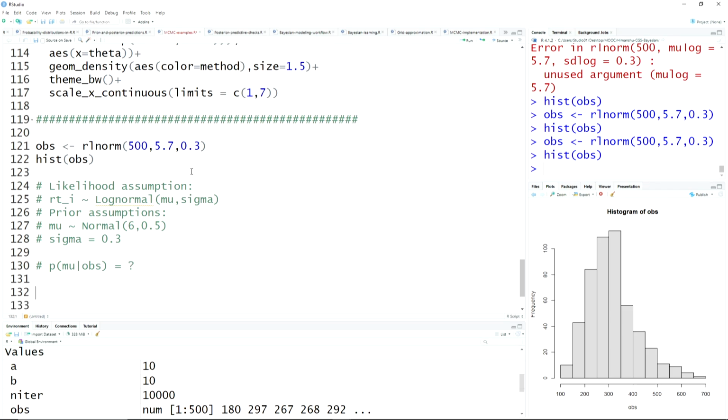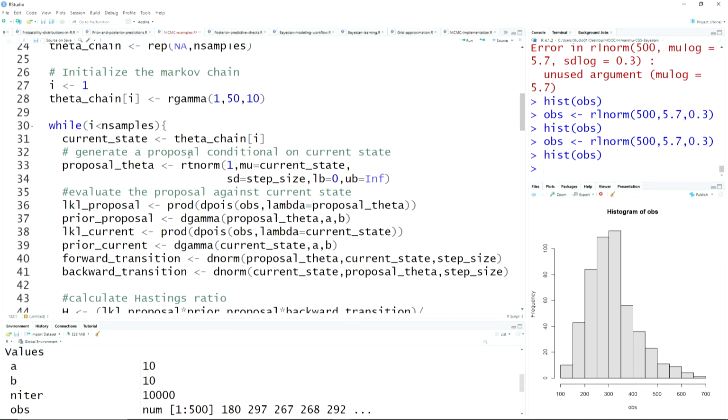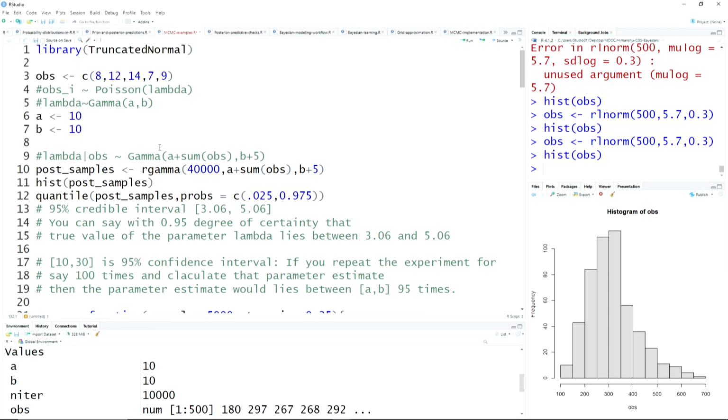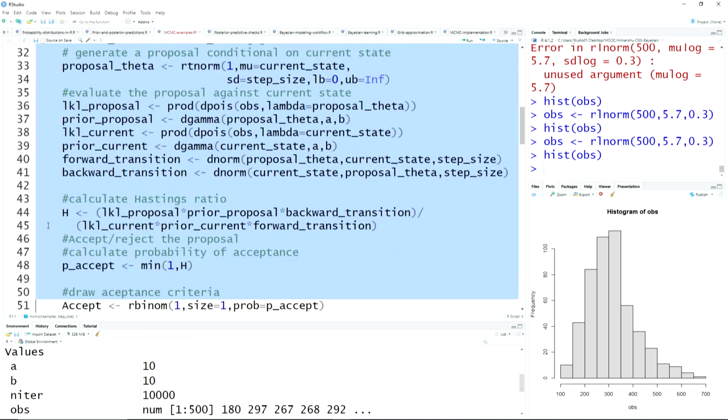So, let us implement MCMC algorithm. So, I will just copy paste the MCMC function, and we will try to use it directly here.